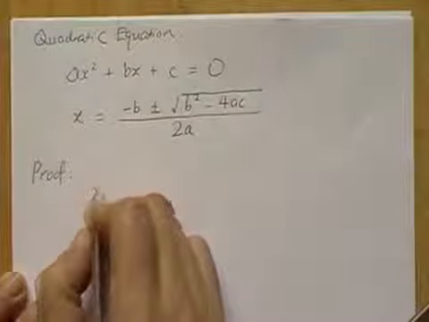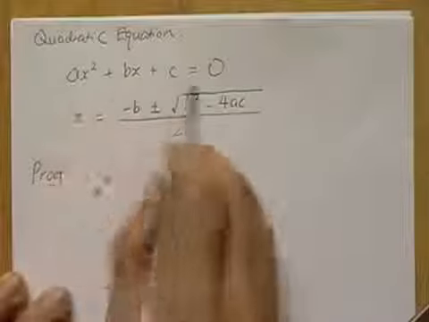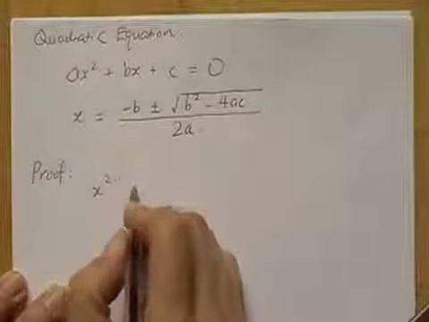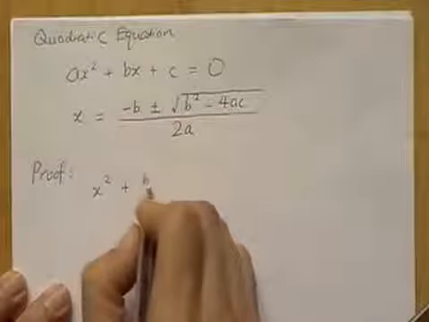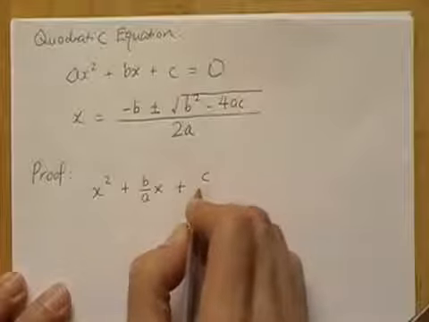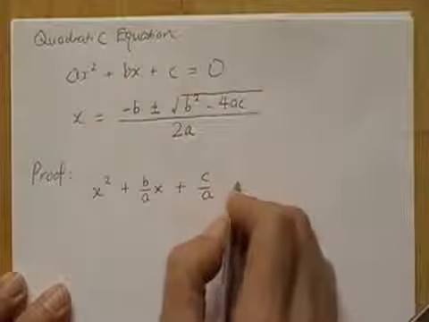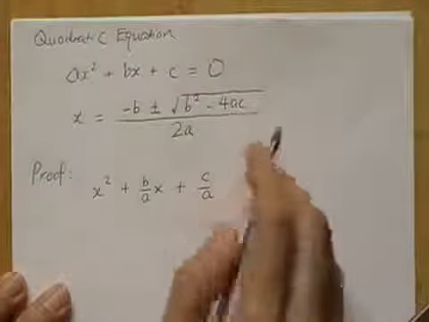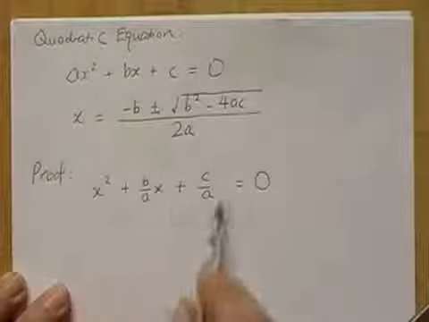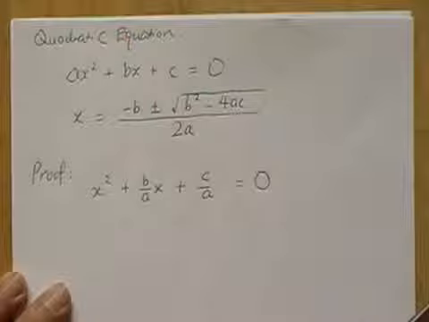And this gives me, on the left hand side, x squared plus b over a x plus c over a equals 0. So I have 0 over a on the right side and this lot over a on the left.